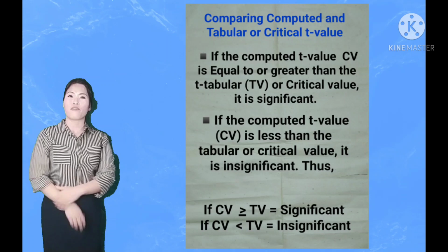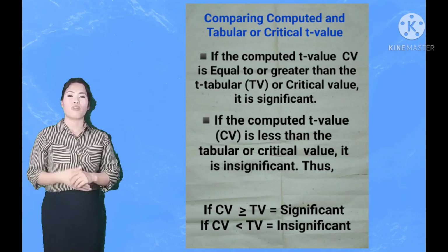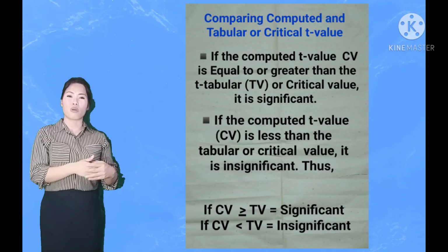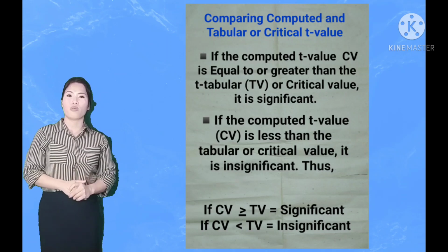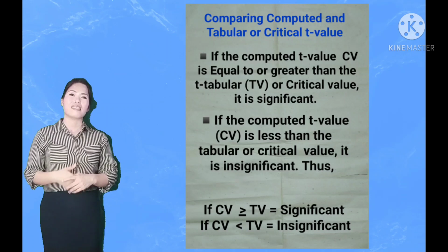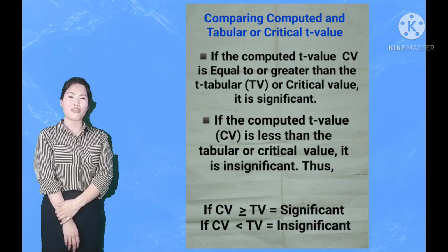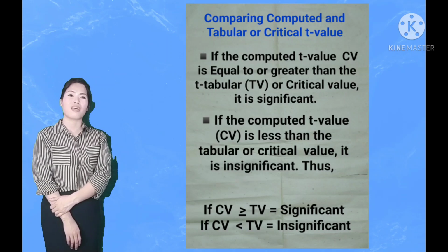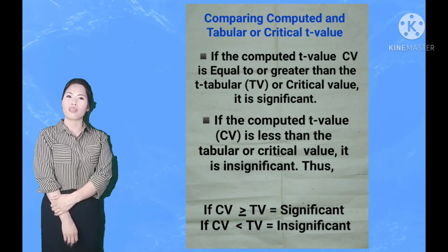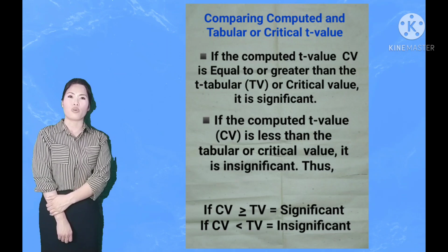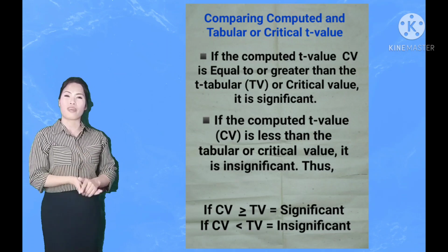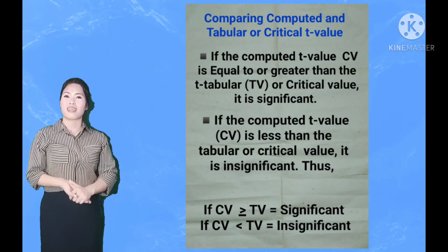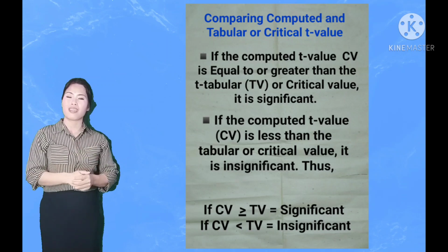It means if the result of our t-test is greater than the critical value, it is significant. Next, it is insignificant if the computed t value is less than the t tabular or critical value. Therefore, it is insignificant if the result of our t-test is less than the critical value.